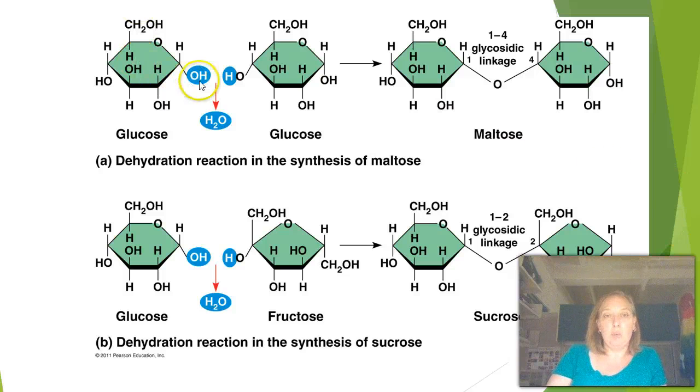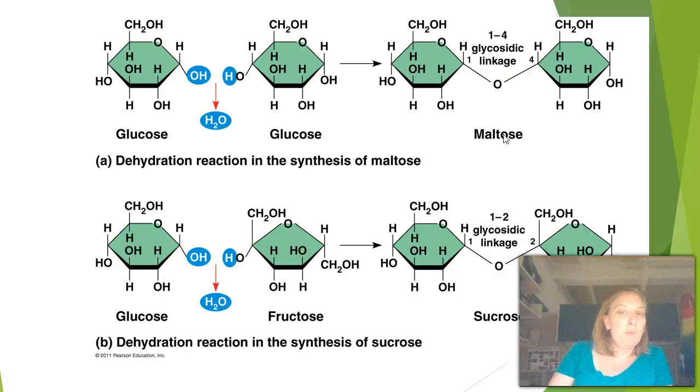In this example, we've got glucose molecules, and we're able to create that water form to create a new glycosidic link, a bond at that oxygen that's going to hold those two glucose together to create what we call maltose.